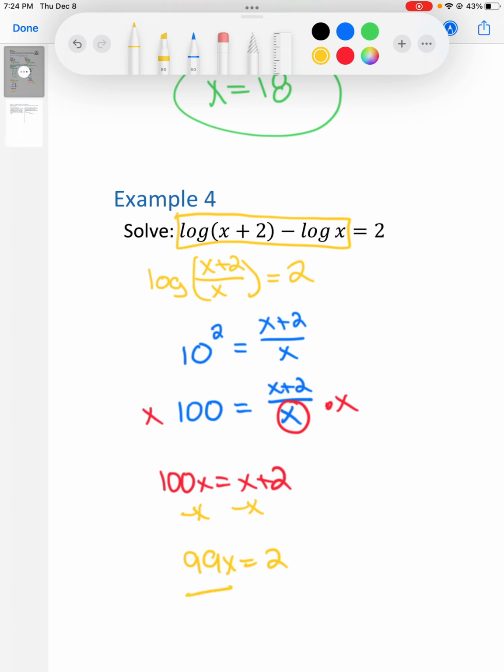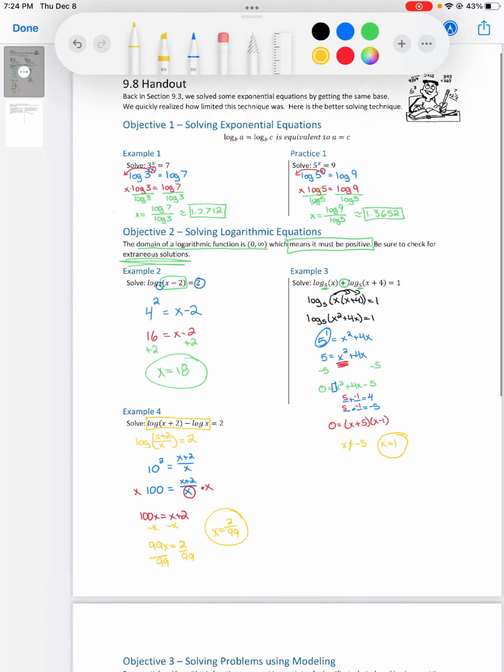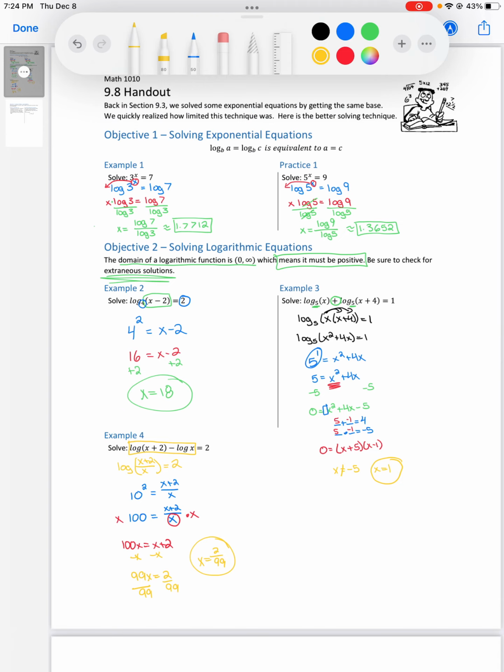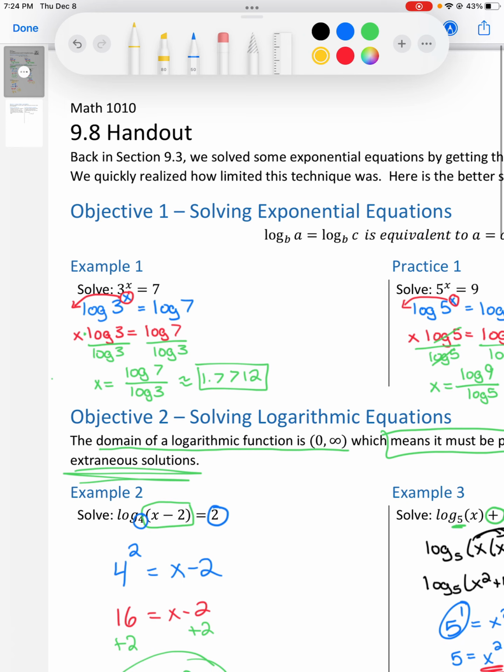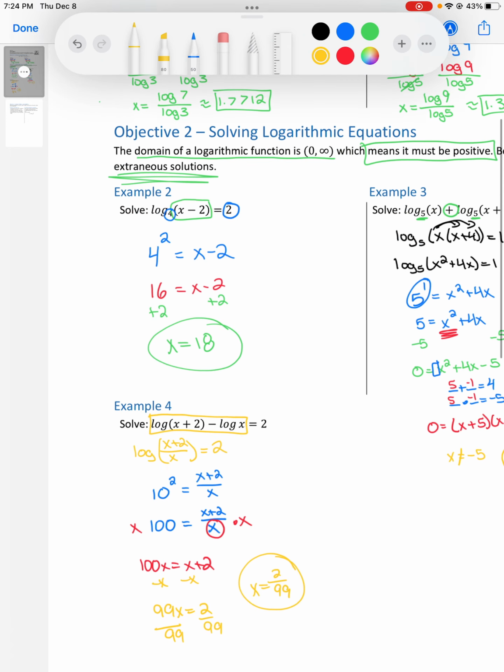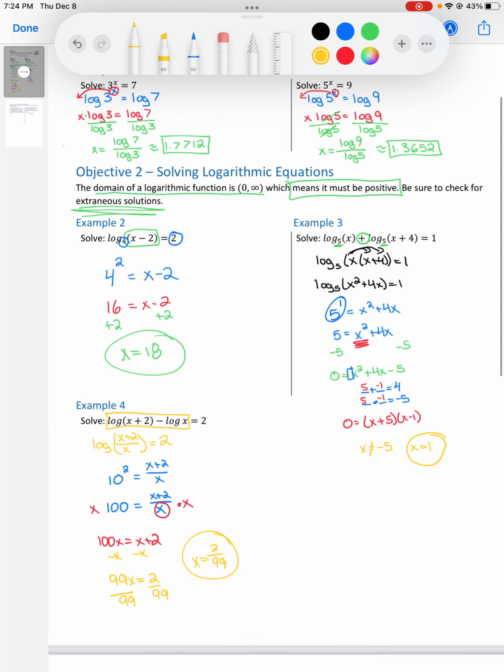Last thing, divide by 99. So x equals 2 over 99. And that's positive, so it's good to go. Okay, so that's solving. So when we have exponents that were hard to solve, we turn them into logarithms. When we had logarithms that were hard to solve, we turned them into exponents.